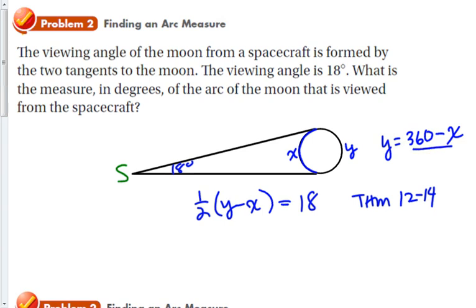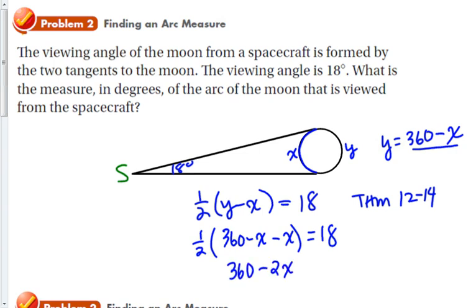So I'm going to substitute 360 minus X for Y, and I get 1/2 of 360 minus 2X equals 18. I'm going to multiply both sides by 2 and simplify. We get 360 minus 2x is equal to 36.